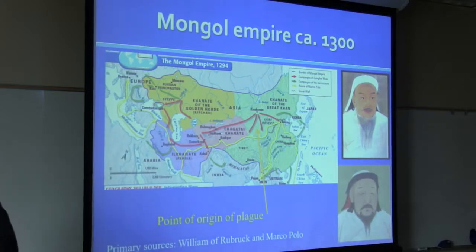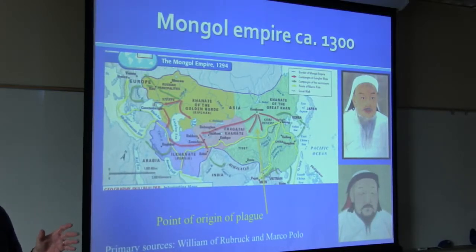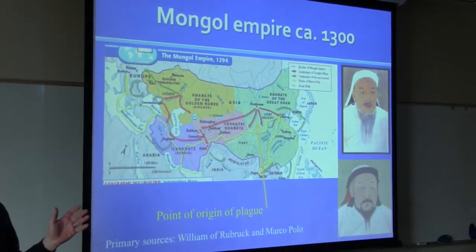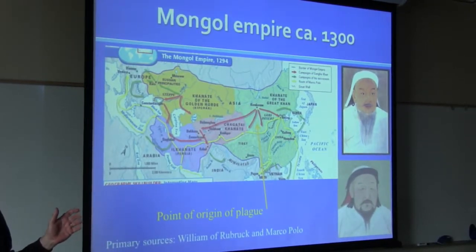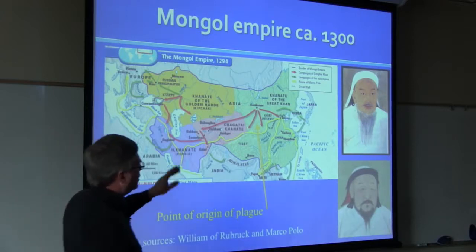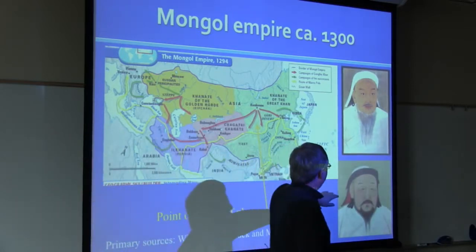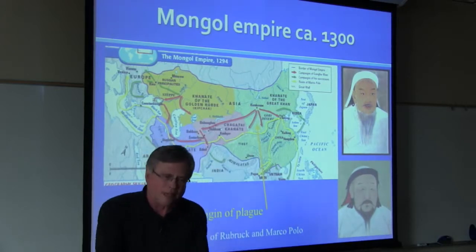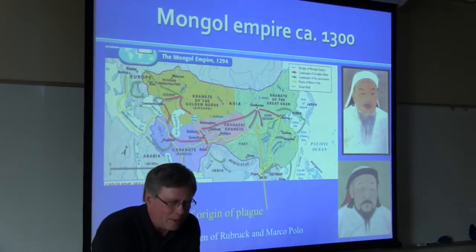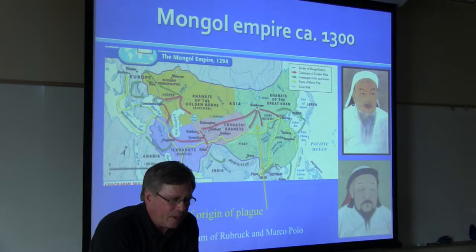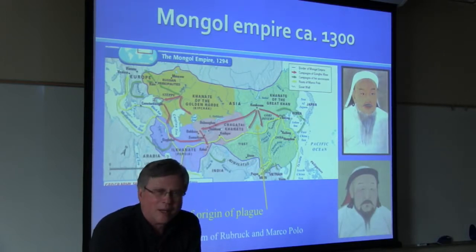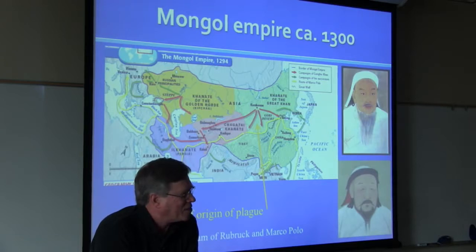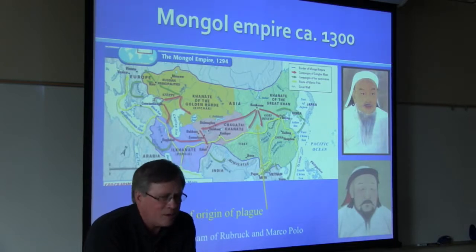So, to get a handle on what's going on with the plague, we've got to deal with Genghis Khan and his grandson. And there are great stories about these guys. Some are worse than others, but you can go on Ancestry.com and find out where your DNA says you're from and how much of this, that, or the other thing you have in it.